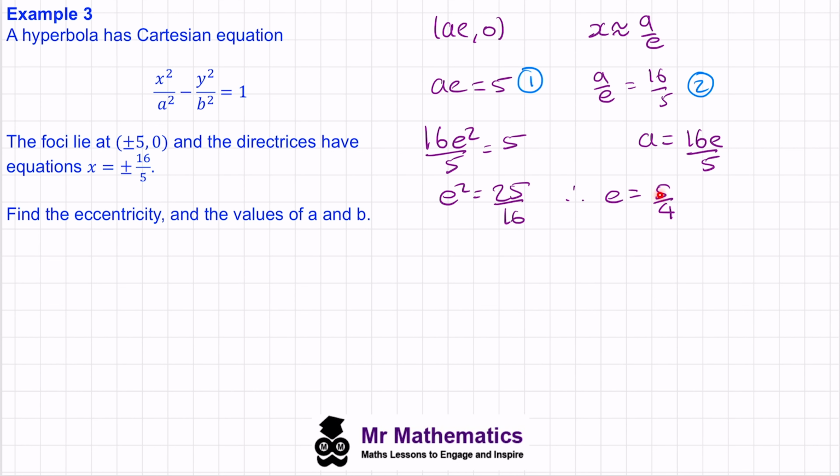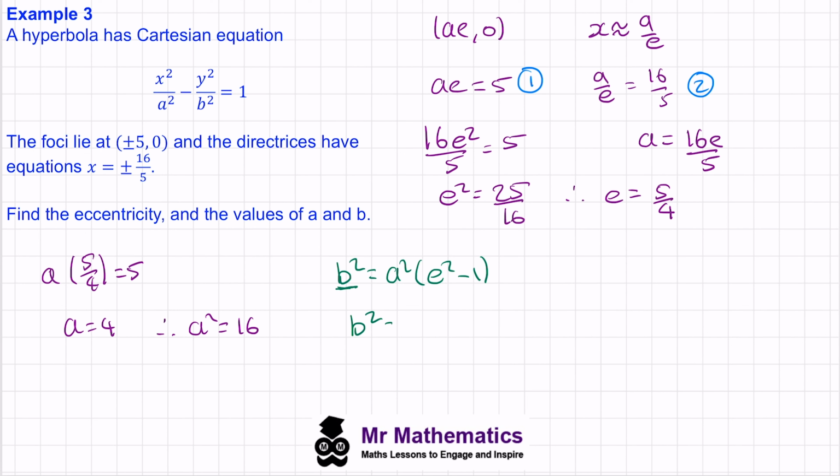So now we know e, we can substitute this back into equation 1 to work out a. So a times e, 5/4, will equal 5. We can cancel out these 5s and then move a 4 to the right-hand side. So a will equal 4. So therefore, a squared will equal 16. And finally, we can use the equation b squared equals a squared lots of e squared minus 1 to work out our b value.